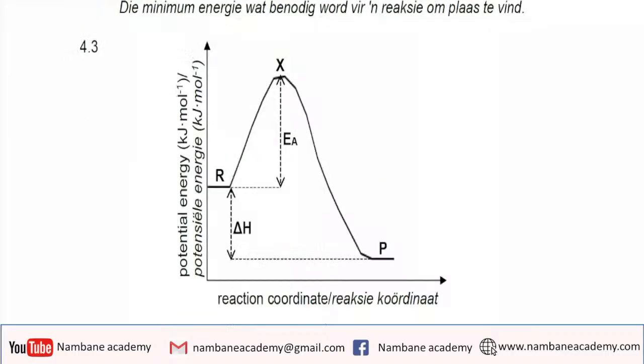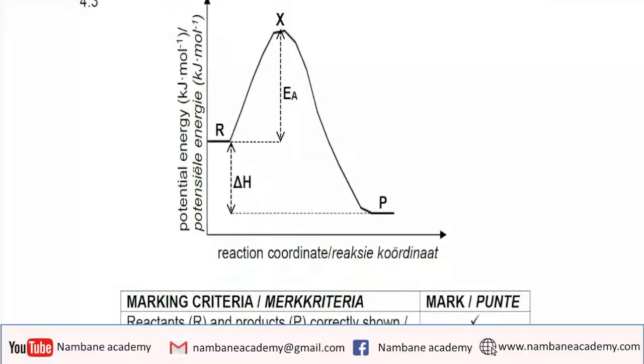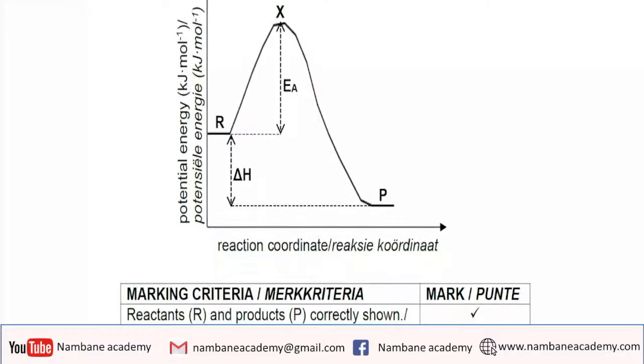Let me move to the criteria there so that you can read the criteria. One of the marks should go to both the indication of reactants and products at the right place. So that would be the first mark.